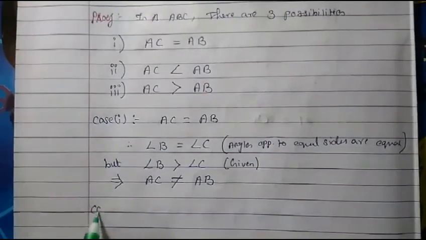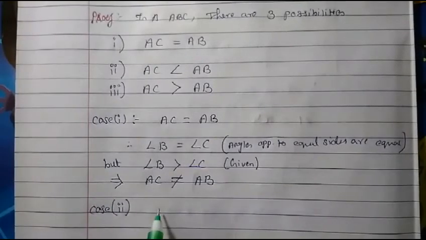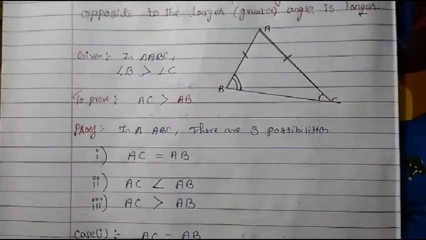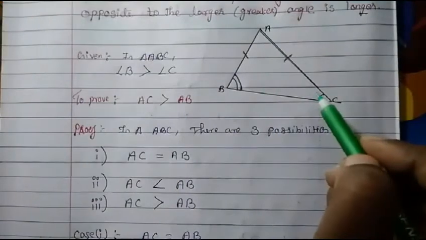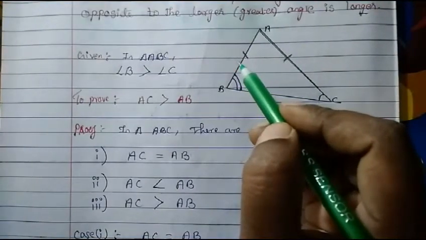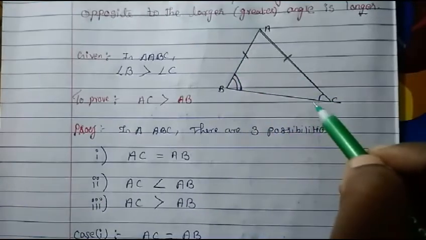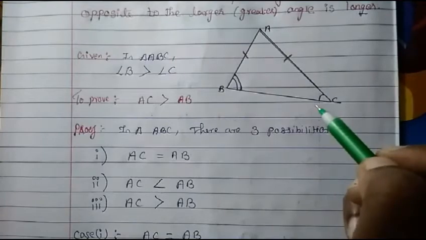Now in case 2, let us see. Case 2 says that AC is smaller than AB. If AC is smaller than AB, then we have studied in theorem 7.6 that the angle opposite to the smaller side will be smaller.